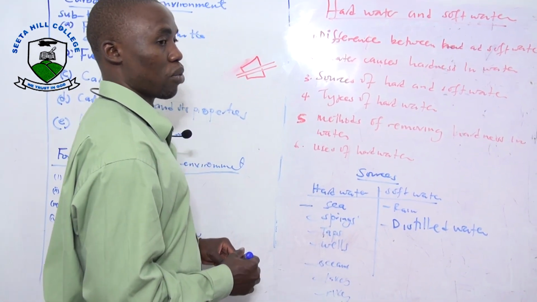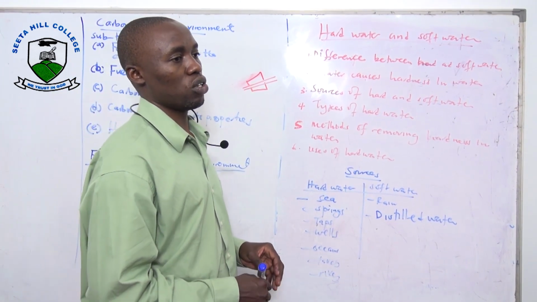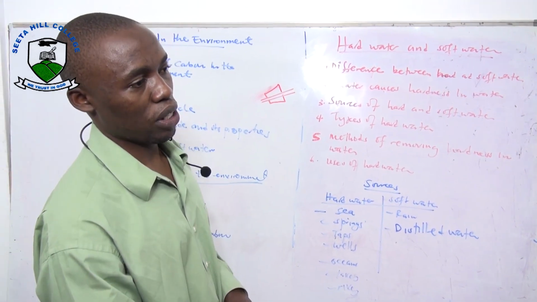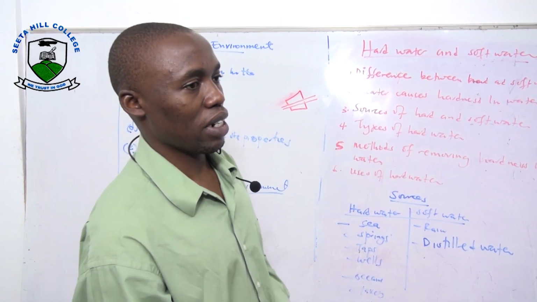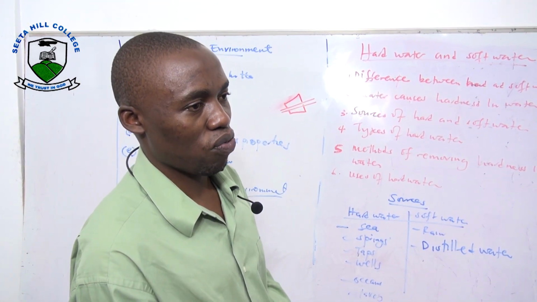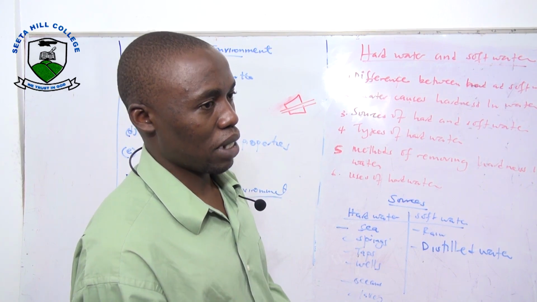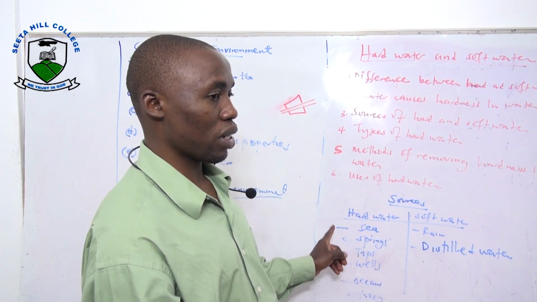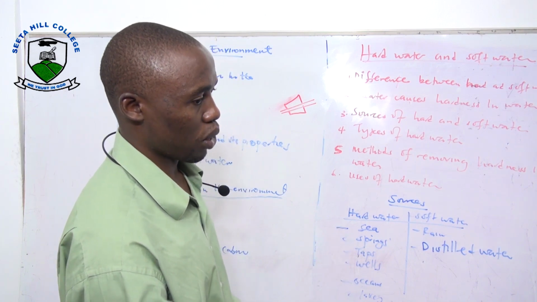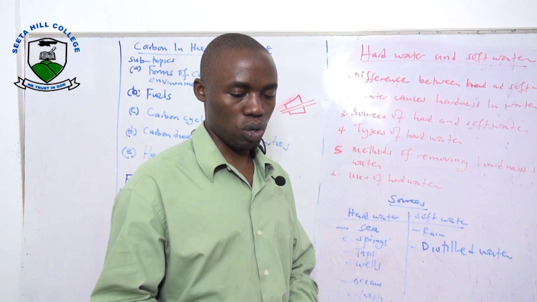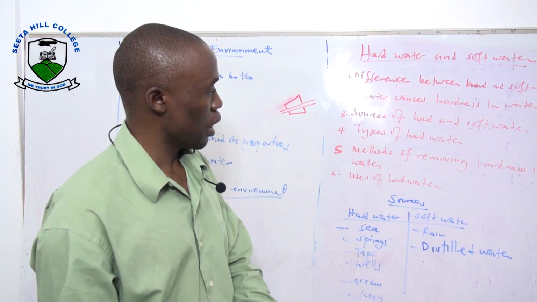Now you see that some contain few salts and might not show a lot of difficulty. Did you realize that when you are washing with rainwater, lather forms so fast? But not in comparison to tap water, these ones form lather much slower, but they form because they will have few salts.